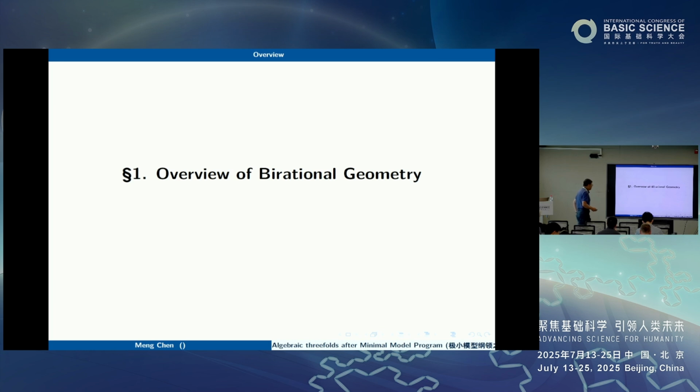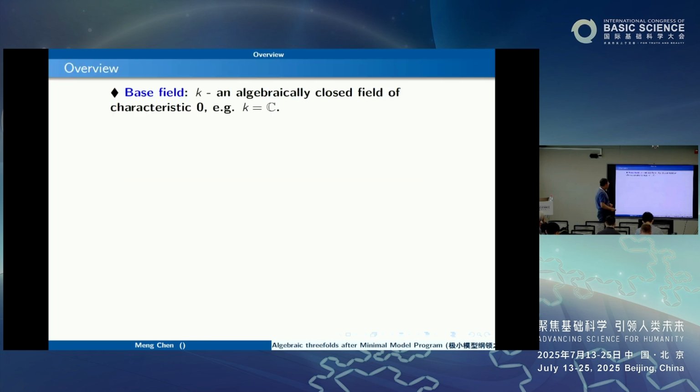Okay, so first, I only consider complex geometry. Everything is working over K, an algebraically closed field of characteristic 0. So for example, K equals C.